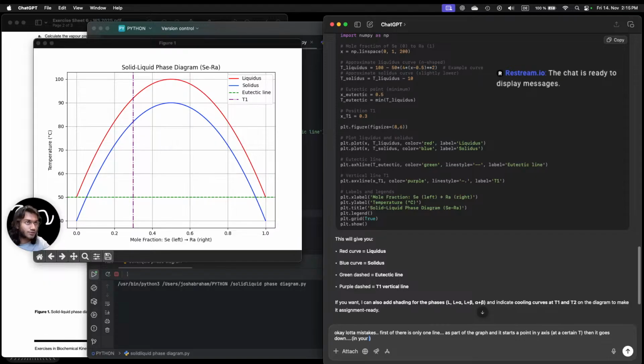In yours, it goes up. It goes down till it crosses the line T1. Then it goes up and stops at the level higher than the initial temp it started in y-axis.